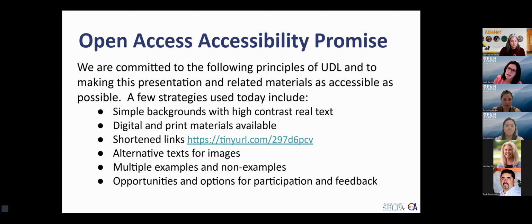You also have access to the slides, so if you need to print those, you can. And in the chat, there is the link to the tiny URL. We've also added alternative text. We'll talk about examples and non-examples. And please share feedback, put things in chat, unmute, and participate throughout this learning event.